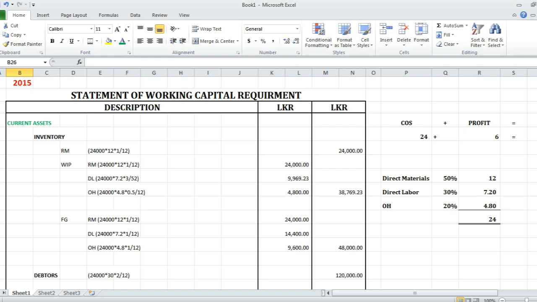38,769 rupees 23 cents. And finished goods value: raw material 24,000 production units into 12 rupees raw material cost per unit into 1 month store period, 1 divided by 12, 24,000.